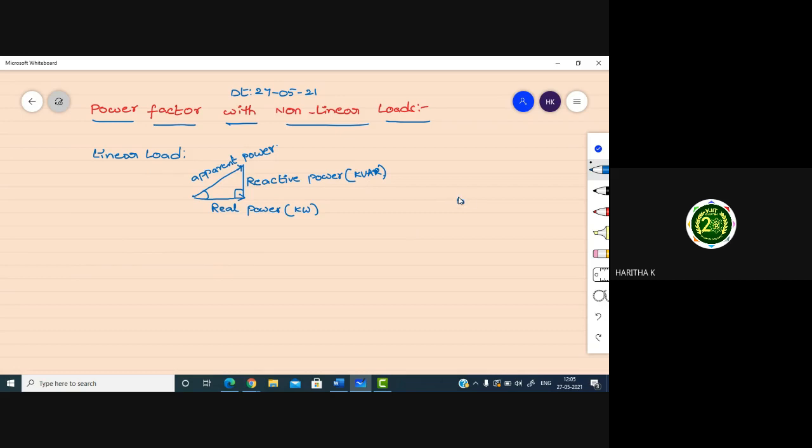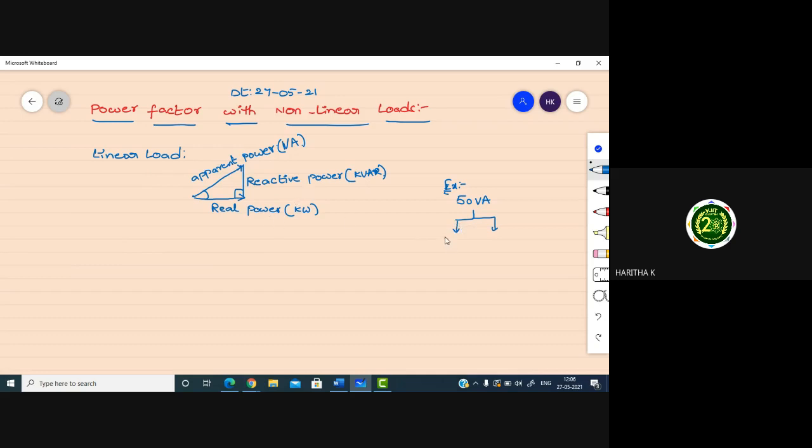If your system is drawing 50 volt amperes from the supply, this 50 volt amperes is nothing but the apparent power. Apparent power will be measured in volt amperes or kilovolt amperes. So suppose the system is drawing 50 volt amperes, in that it is a vector sum of this real power and reactive power.